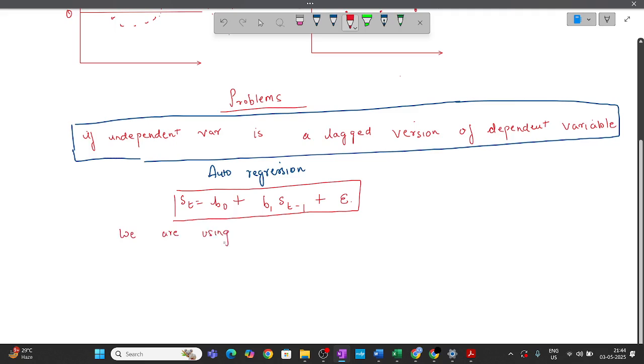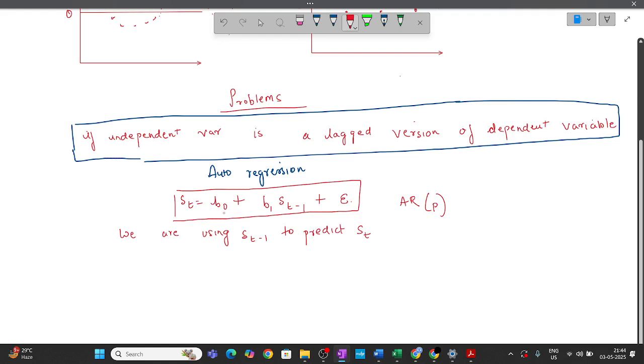So this is an example of an autoregressive model. This is an AR model.